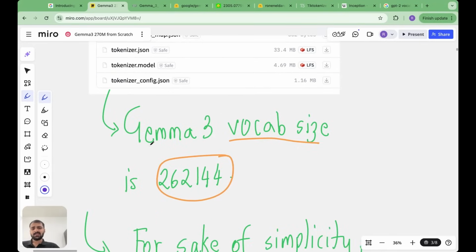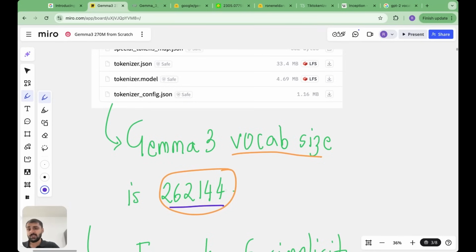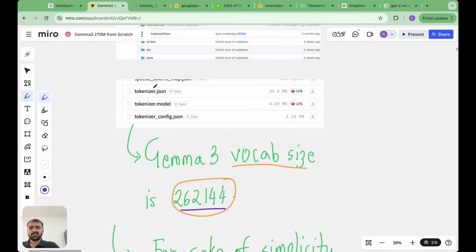We saw that Gemma 3 actually uses a vocabulary size of 262144, which is much higher than the vocabulary size of 50257, which we'll be using. They have given their tokenizer model, but they have not mentioned on what data set their tokenizer was trained. Remember, the tokenizer also needs to be trained on some data set. Currently, we are also not training our tokenizer from scratch.